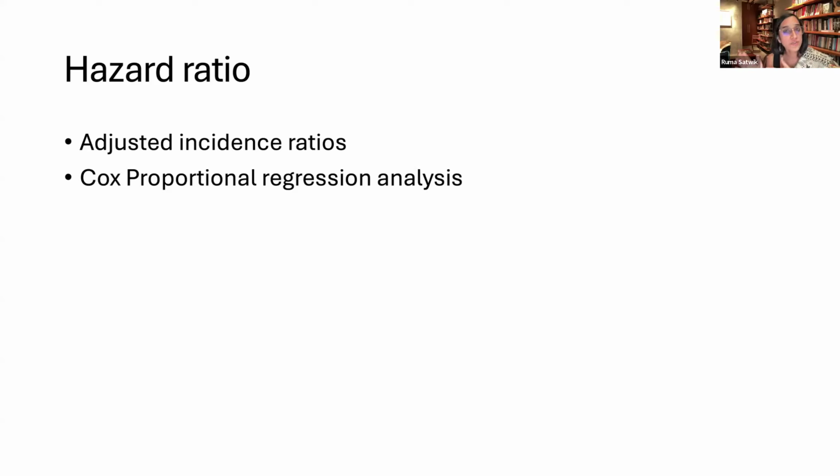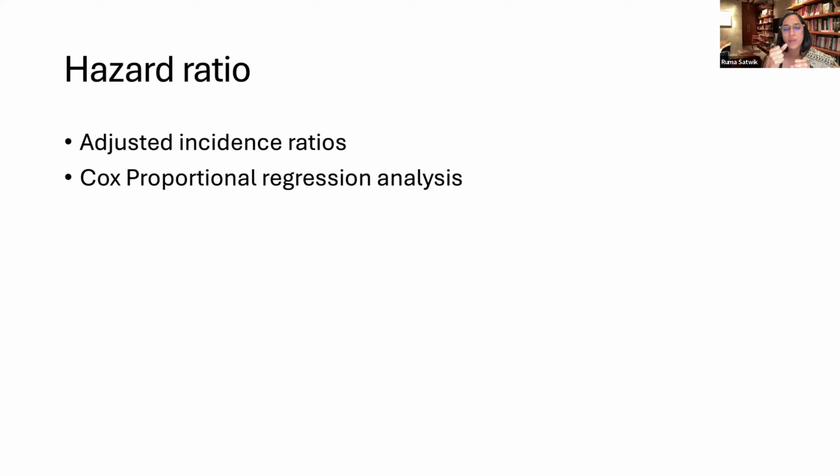There are different kinds of regression analysis. For a time to event variable, you're trying to eliminate the effect of confounders by taking them into the equation. It's a difficult concept to grasp, but understand that they are there in your equation.